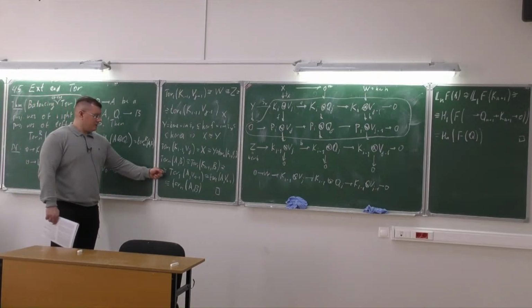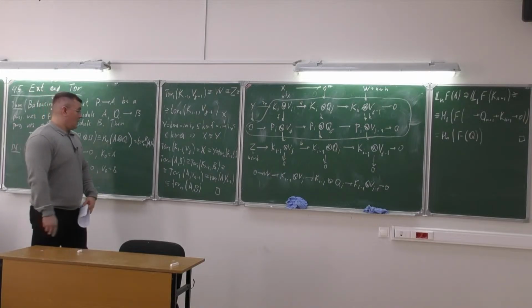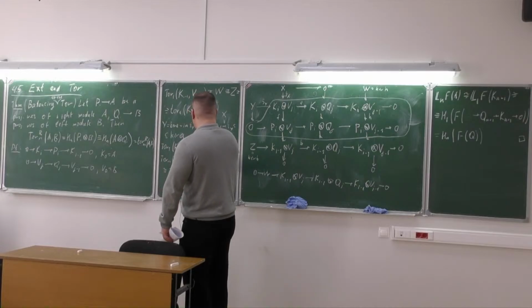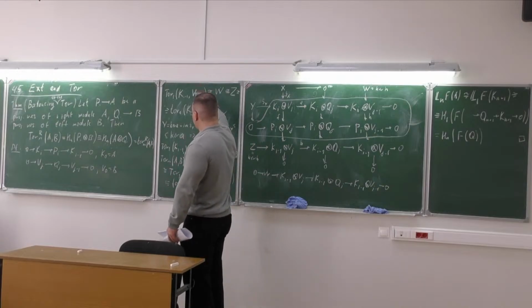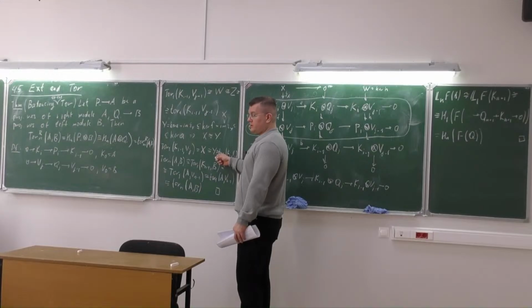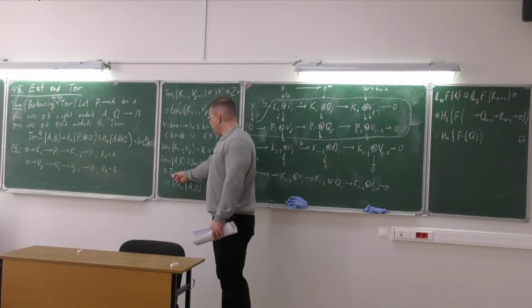You're still asking about this isomorphism? Yeah. Well, you can look at this formula, also combine this with this formula. So it means that, for example, here I also can write the Tor with a large T. That's still true. So this is why I can write Tor with a large T here and here.